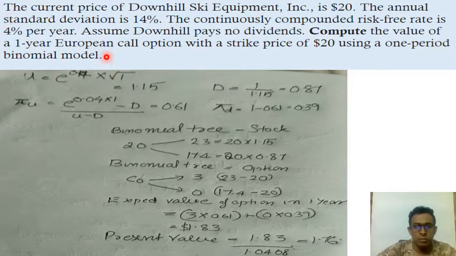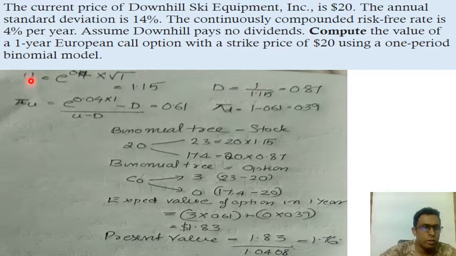So the problem with this binomial model is that it has not given us upstate and downstate values. So first you'll have to compute that, and the probabilities of upstate and downstate are also not given, so we'll have to find out both. For upstate, we have a formula: u is equal to e raised to sigma into root t, that will give us the upstate value, and the downstate value will be 1 divided by u.